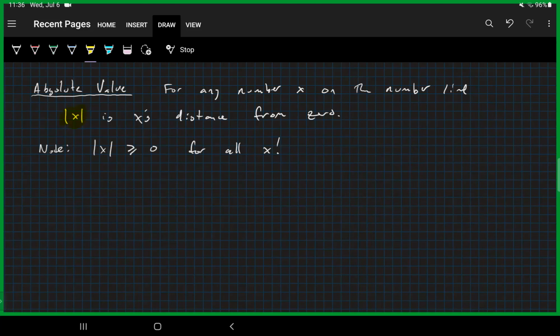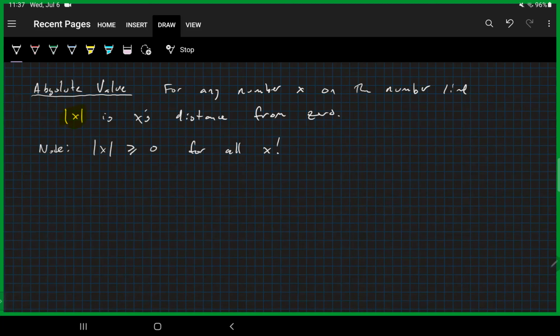Again, that is measuring the number's distance from 0. And since we are talking about distance, it can't be negative. It doesn't make sense to have a negative distance. So the absolute value of some number has to be bigger than or equal to 0 for all x.